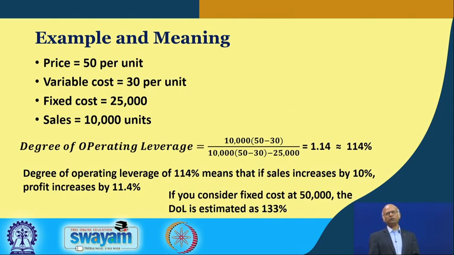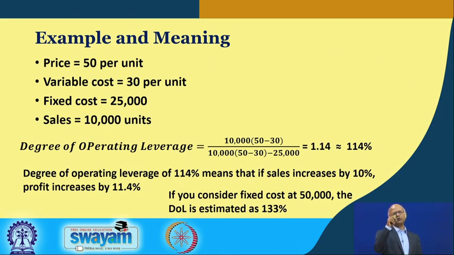So, it is 114%, which indicates, and this is more important, that if the degree of operating leverage is 114%, then for every 10% increase in sales, your operating profit will increase by 11.4%.